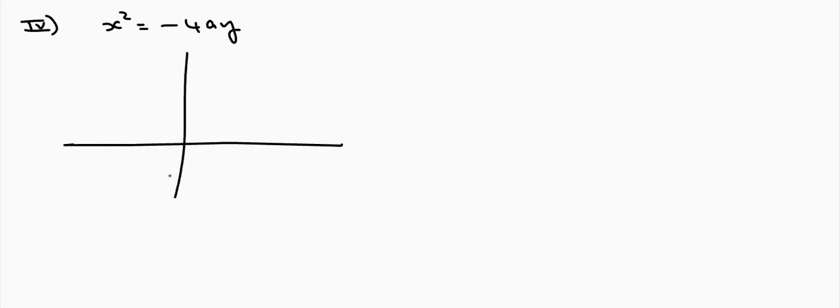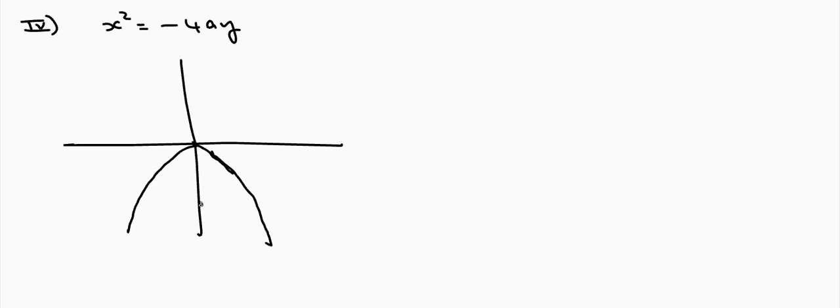The last type is x square equals minus 4ay. Type 4: x square equals negative 4ay. The parabola will be of the form where it opens downward. The focus will lie on the axis.